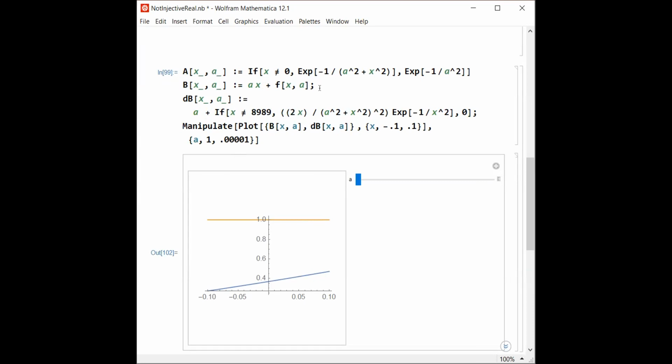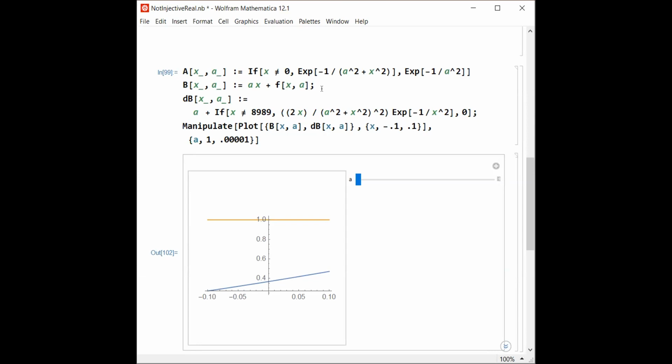So now let me look at what's going on. If I'm in a sufficiently small neighborhood about x equals 0, as long as a is not 0, ax is going to be much, much larger than f of x, a, right? And so is it going to be injective when a is large? Well, let's see. What happens as a gets large?